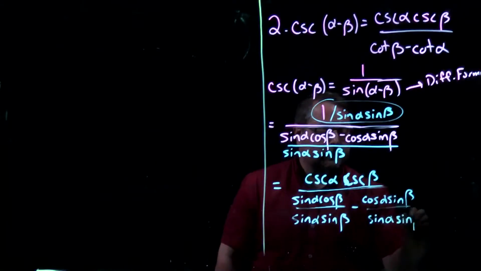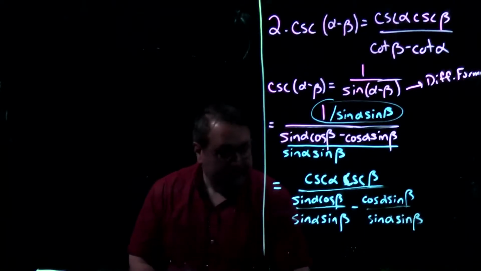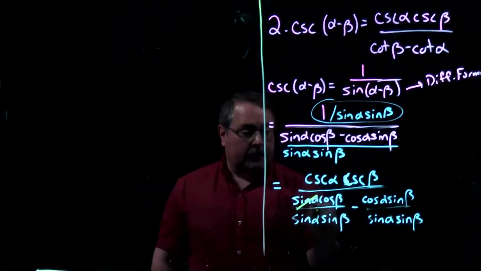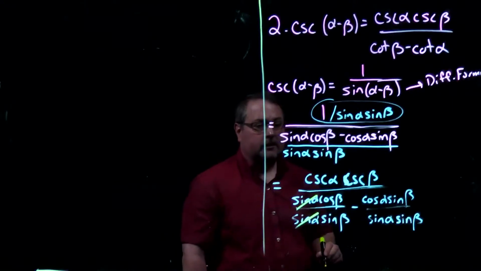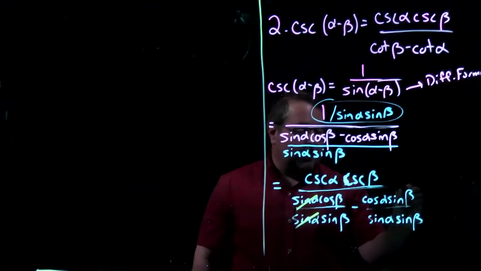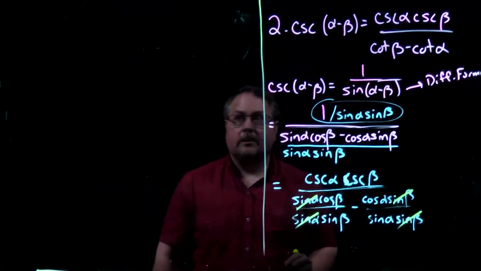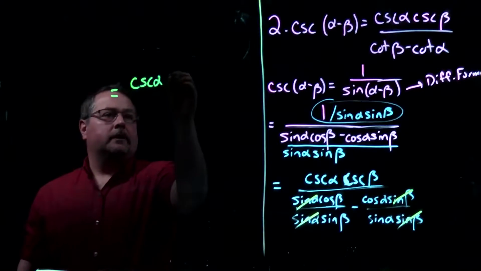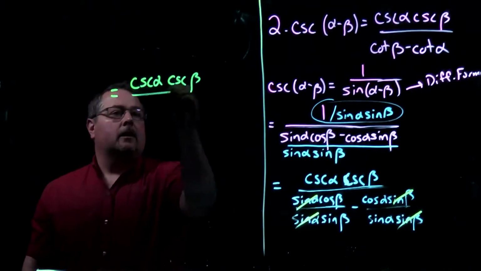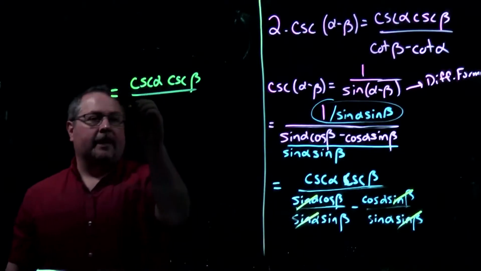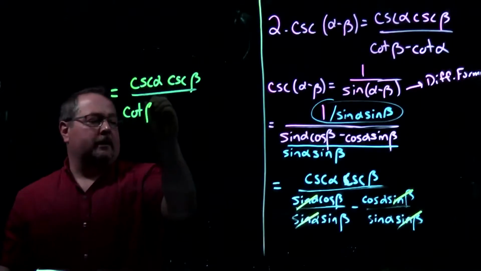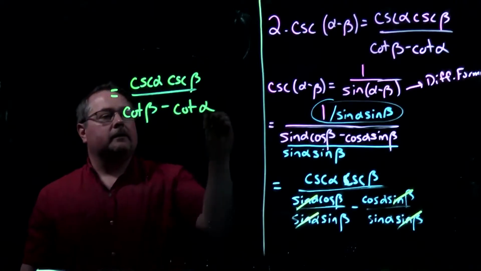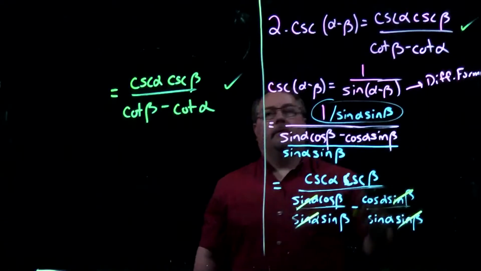So that's why we can do this. So on the bottom, we have sine alpha over sine alpha. That cancels. And then over here, we have sine beta over sine beta. That cancels. Okay, so that leaves us with, up top, cosecant alpha times cosecant beta. On the bottom, we have cosine beta over sine beta. That's cotangent beta. Minus cosine alpha over sine alpha is cotangent alpha. And indeed, that's what we were trying to get to.